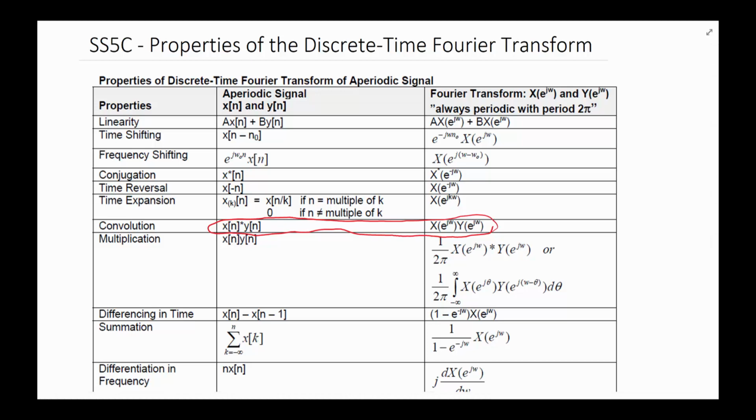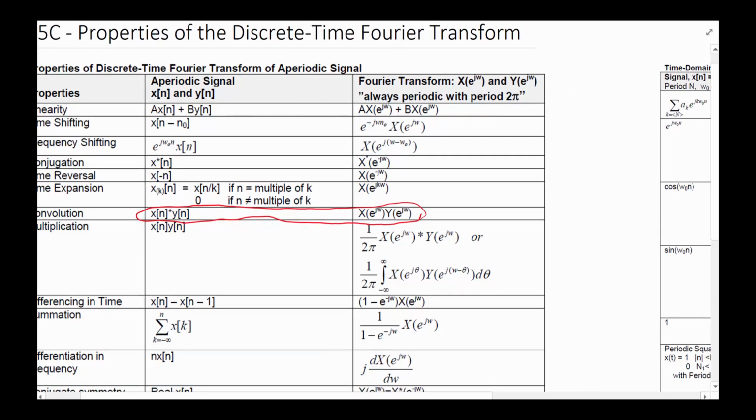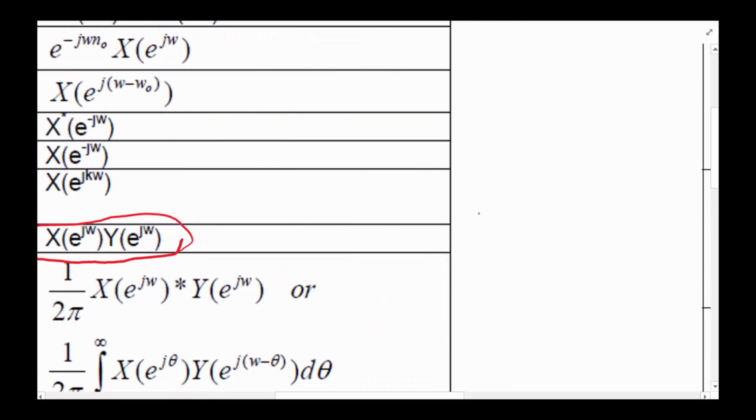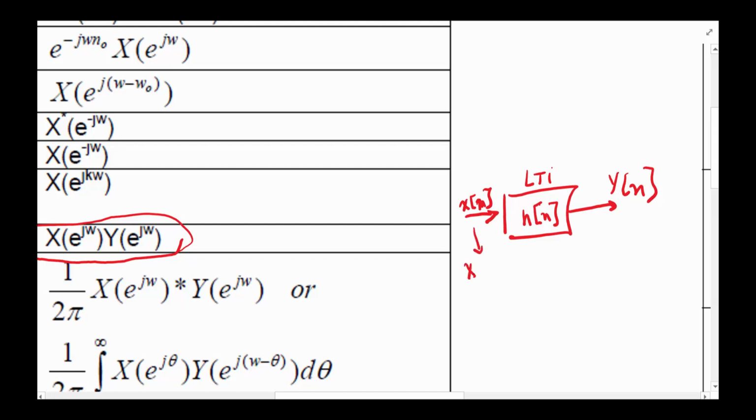multiplication in the Fourier transform or frequency domain, which is basically what it does. I'll take a little room here to talk about it, much like what we said before. If I had x of n coming in, going to an LTI system with h of n, and then y of n was the output of this system, if you take a Fourier transform of each one of these items, we will have, of course, X of e to the j omega, and then we'll have H of e to the j omega.